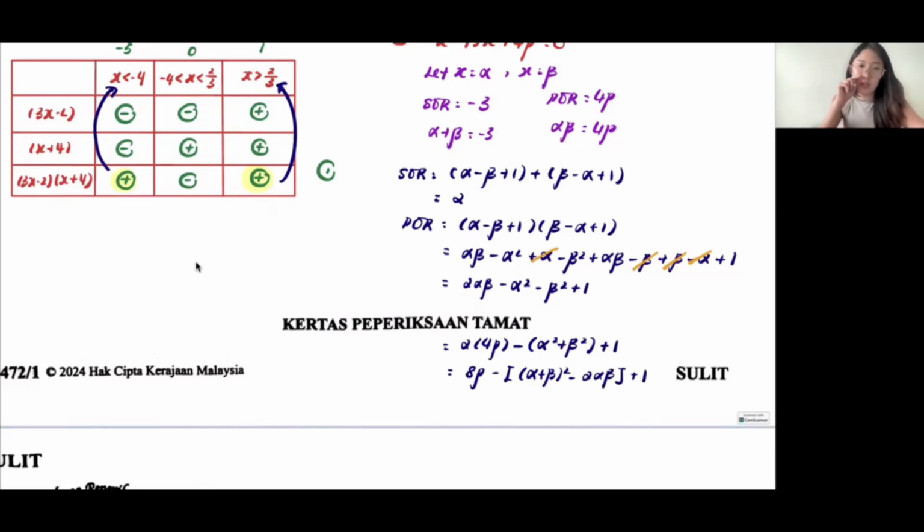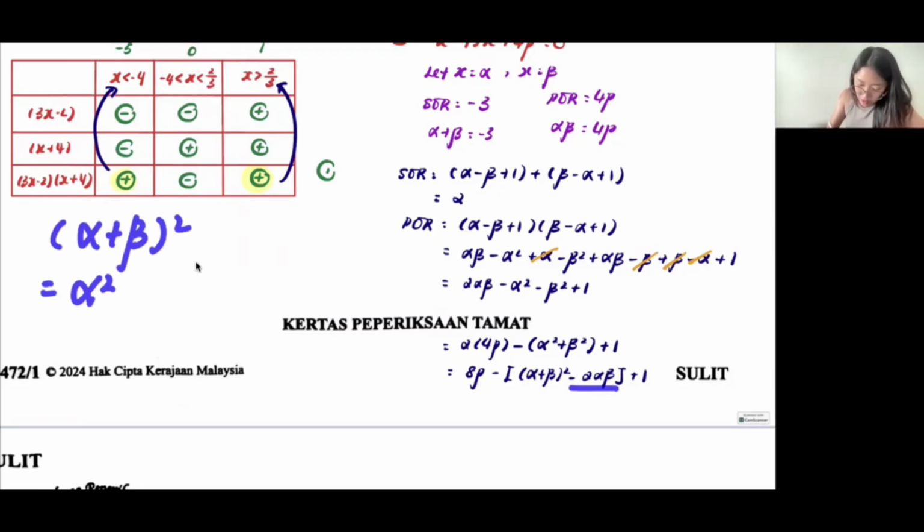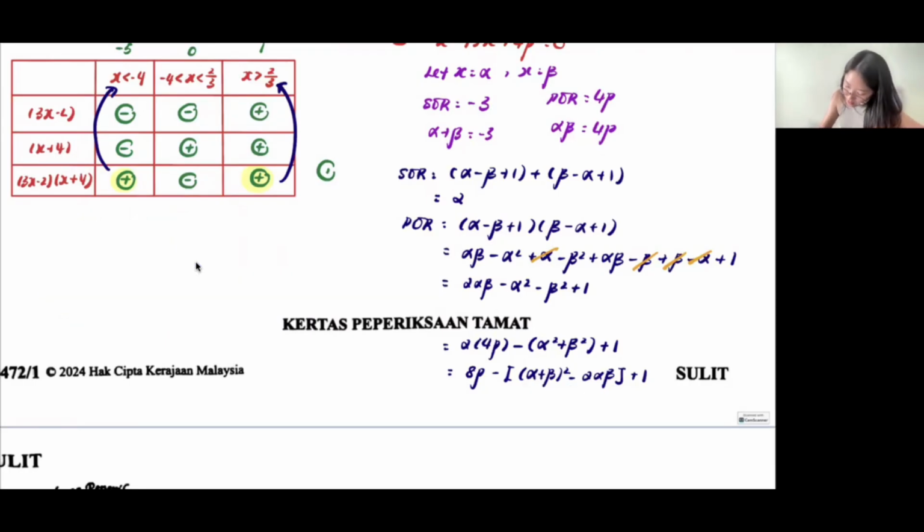Whenever you see alpha square plus beta square, you can factorize the square out. Then remember to minus the term in the middle, because when you open this up, it becomes alpha square plus 2 alpha beta plus beta square now. We need these two. We don't need this, so you have to minus. Okay, and then let's continue.